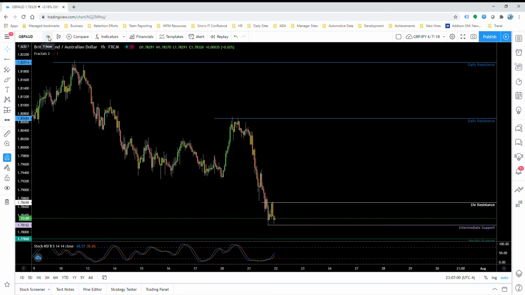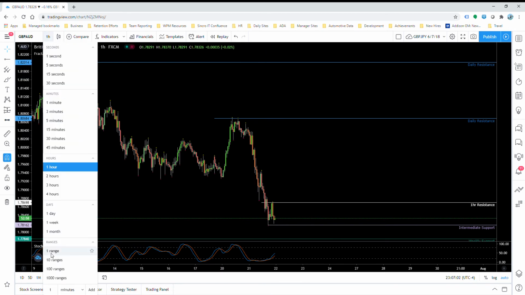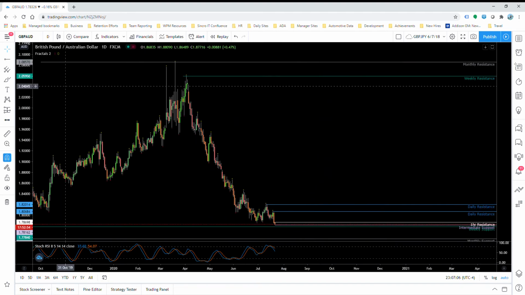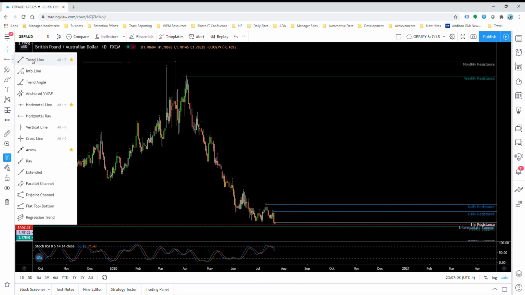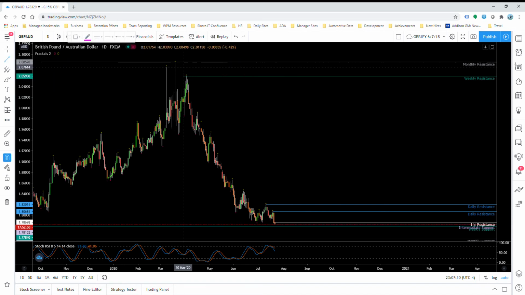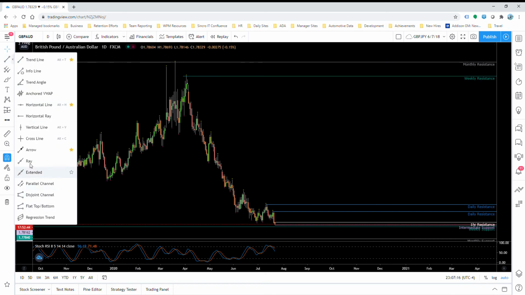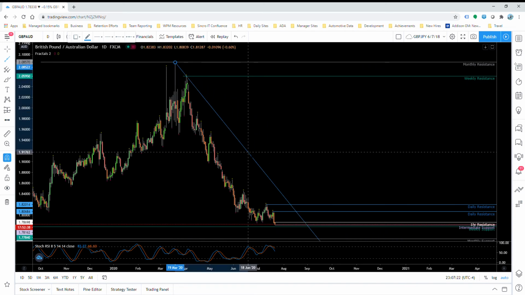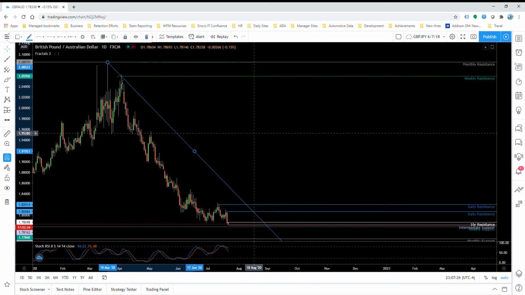What I'm going to do is go back out to the daily time frame, and I'm going to draw my trend line. And I'm drawing these trend lines again. We draw outer trend lines and we draw inner trend lines. So I will grab the ray just for ease of use. All right. And again, we want to make sure we don't cut off any wicks as we do this. All right.